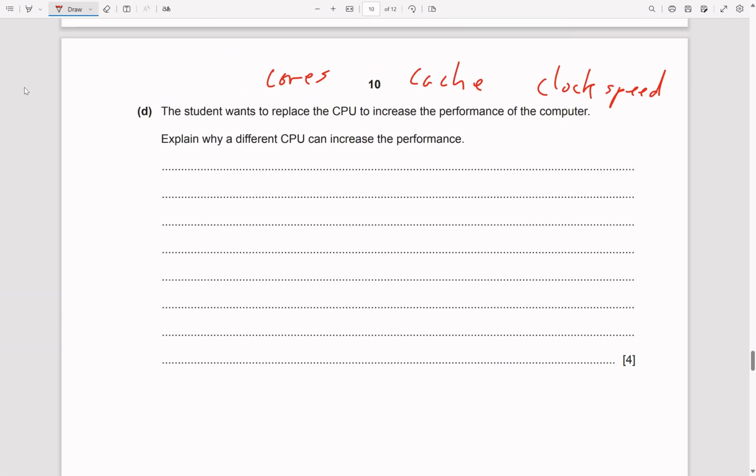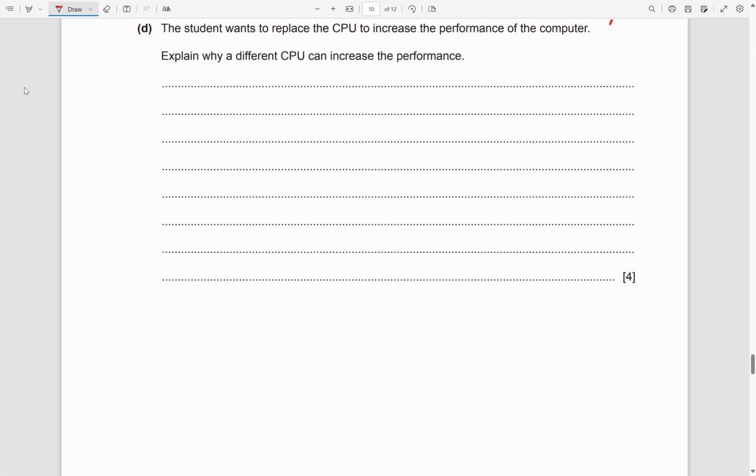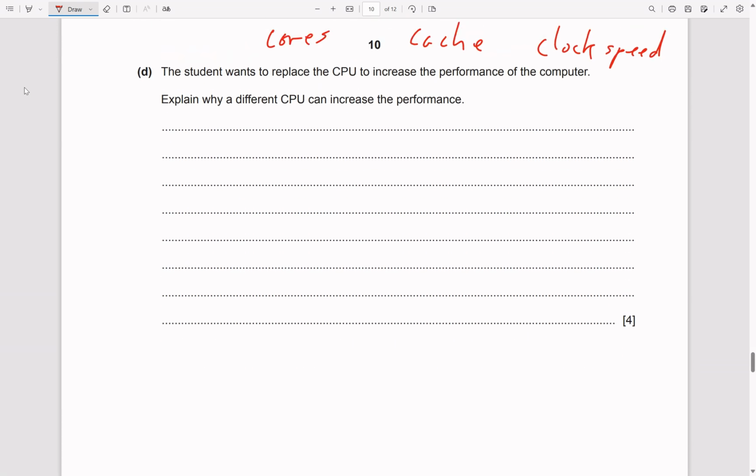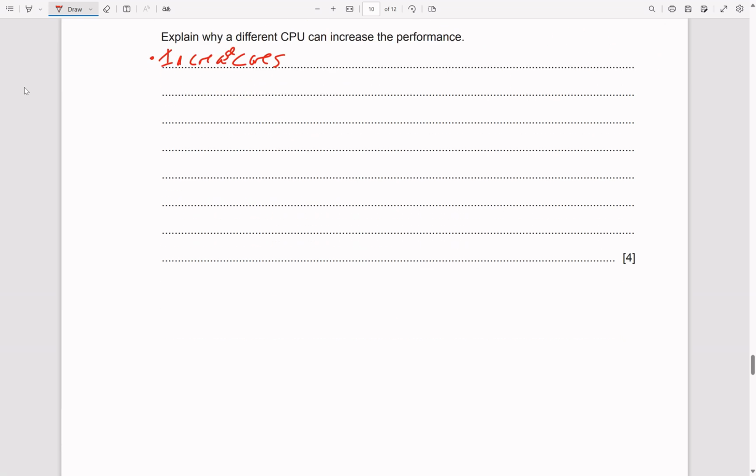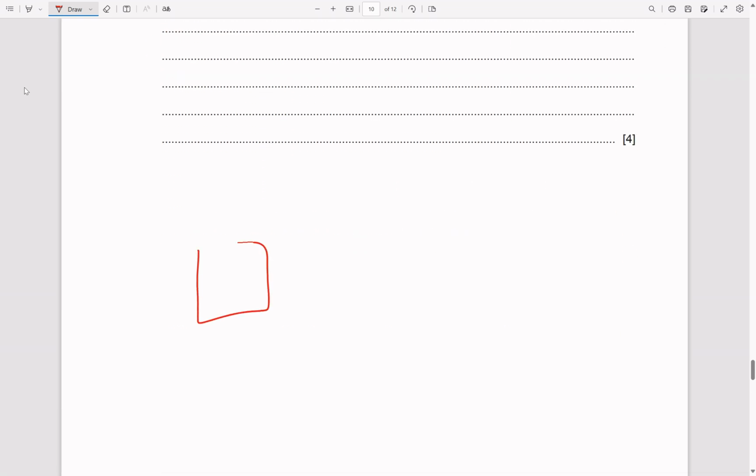I think maybe we don't need to draw this. So, increase number of cores. The way that works is, let's say this is our processor. If our processor only has one core, then we can only execute one instruction at a time.